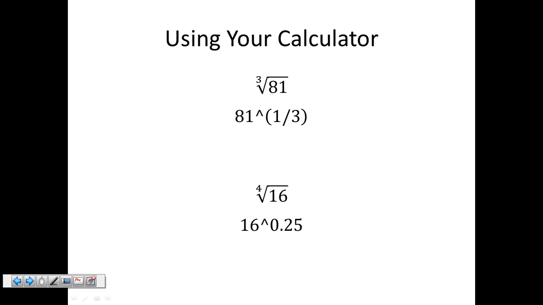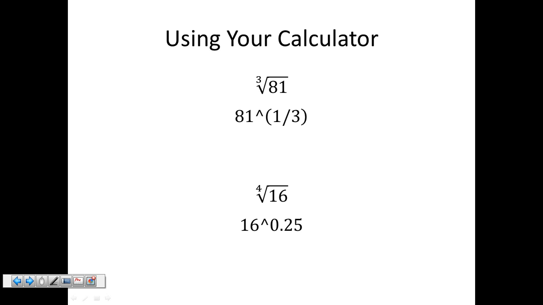But my favorite way, the fastest way for me to do it, the fewest number of keystrokes, is making it a fractional power. So I go 81, and then my little caret, which means to the power of 1/3. And that's a great way to find the cubed root of a number in my calculator.